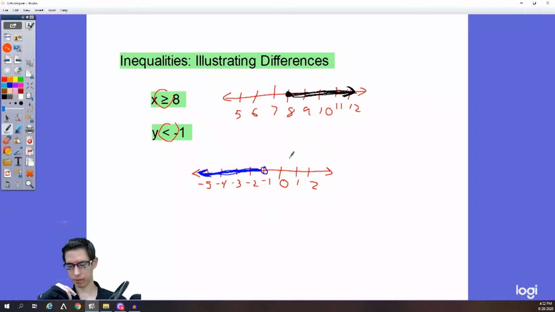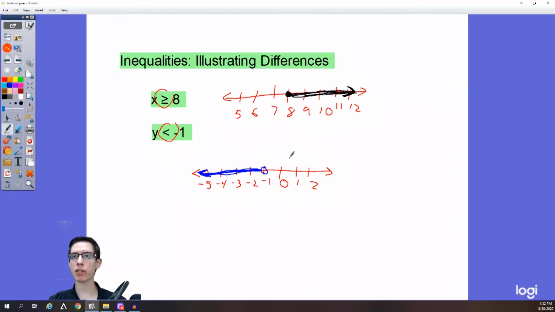Now, obviously, this is useful, but not necessarily very concise, not very easy to read. And so mathematicians came up with another way to say the exact same thing, something that could be typed or written and was easily understood.